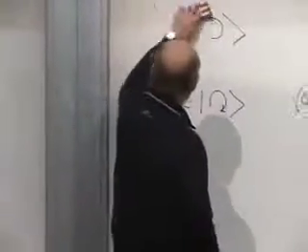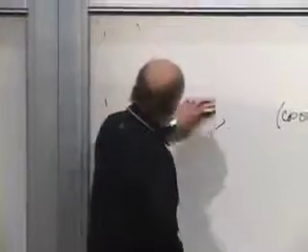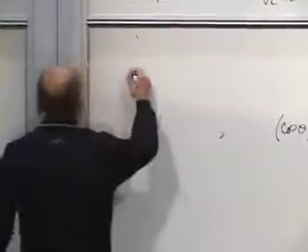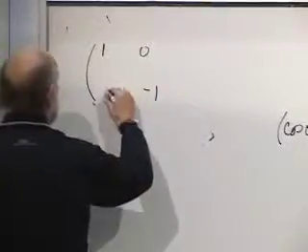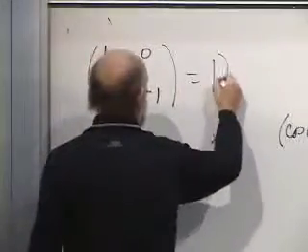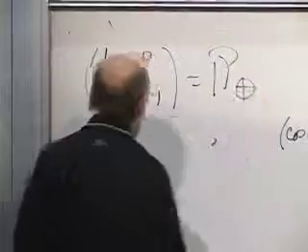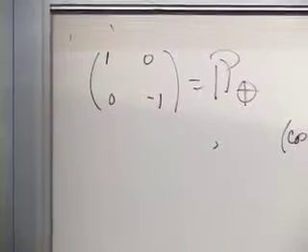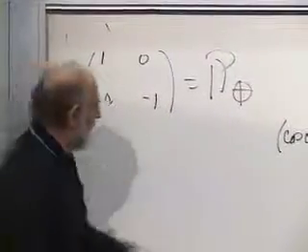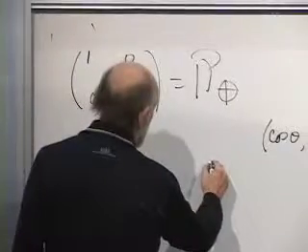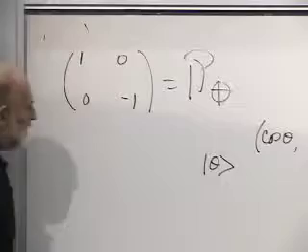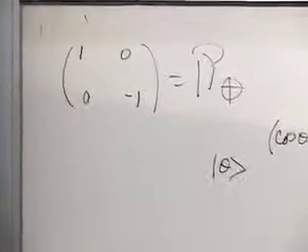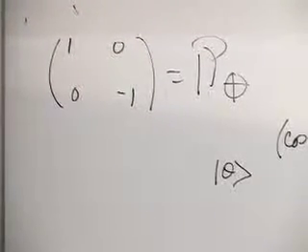I'm tired, so I'm going to do the very simplest example. My observable is just going to be 1, -1, 0, 0. This is the observable polarization in the xy plane. And now let's take the vector theta, in other words, a linear polarization polarized in the theta direction.